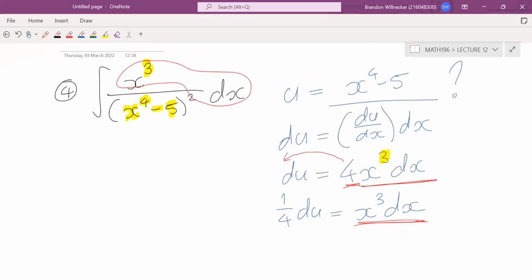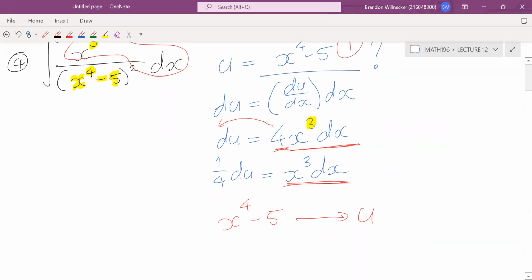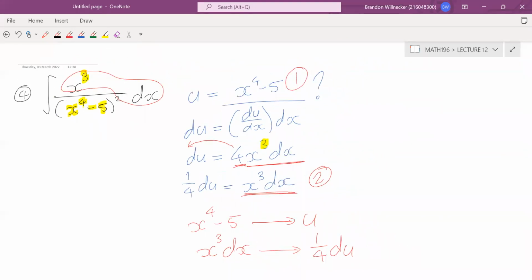Okay, so which replacements are we going to make? So x to the 4 minus 5, I'm going to replace that with u. That's our first replacement. And x cubed dx, I'm going to replace that with 1/4 du. That's my second replacement, or second substitution, whatever you want to call it.